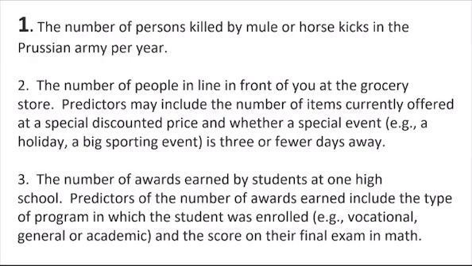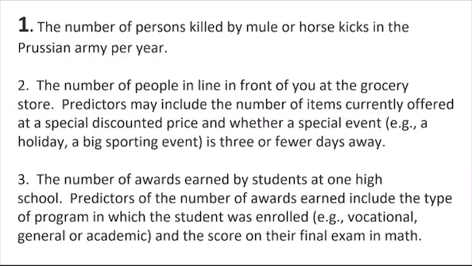An example of a count is the number of persons killed by mule or horse kicks in the Prussian army per year. It could be the number of people in line in front of you at a grocery store. When you arrive at a grocery store, of course, you see a lot of customers ahead of you being attended to.